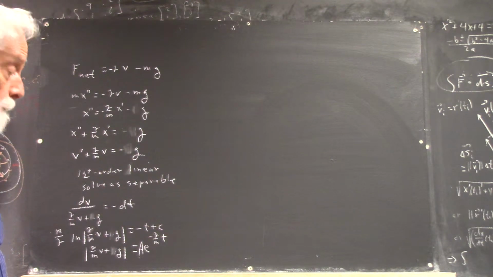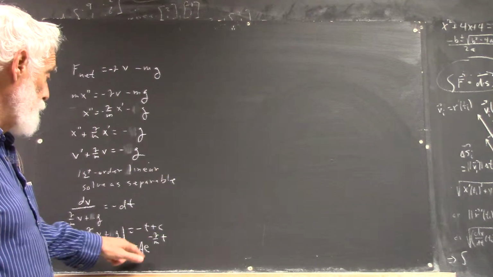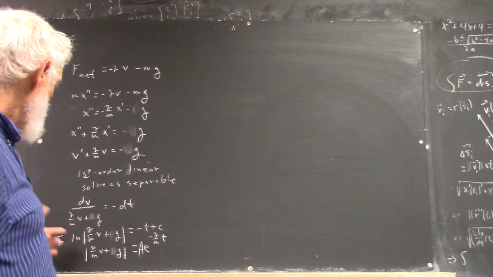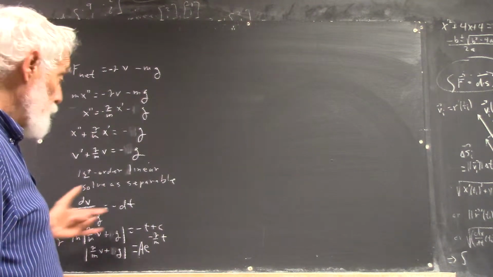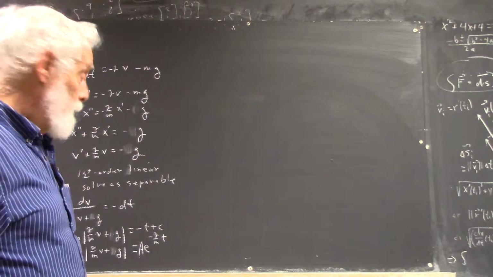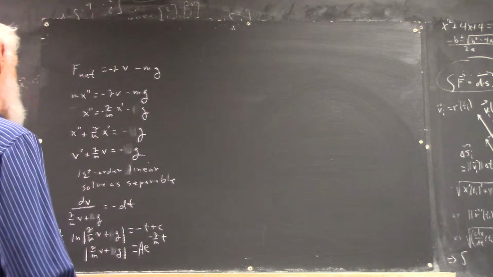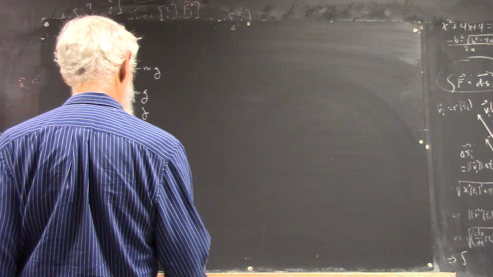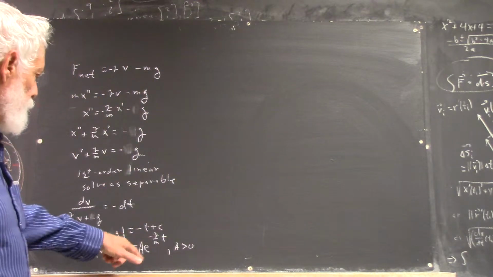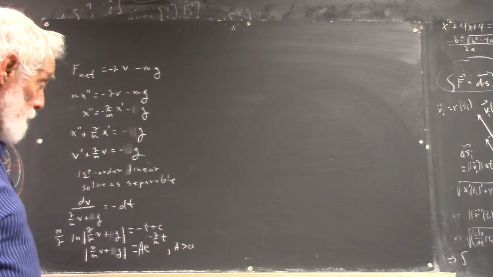Okay? So we get the absolute value of gamma over m v plus g equals a e to the negative gamma over m t. The negative gamma over m comes from multiplying by gamma over m on both sides. E to any constant is just a positive constant. So our solution, the absolute value of this, equals some positive constant times e to the negative gamma over m t.